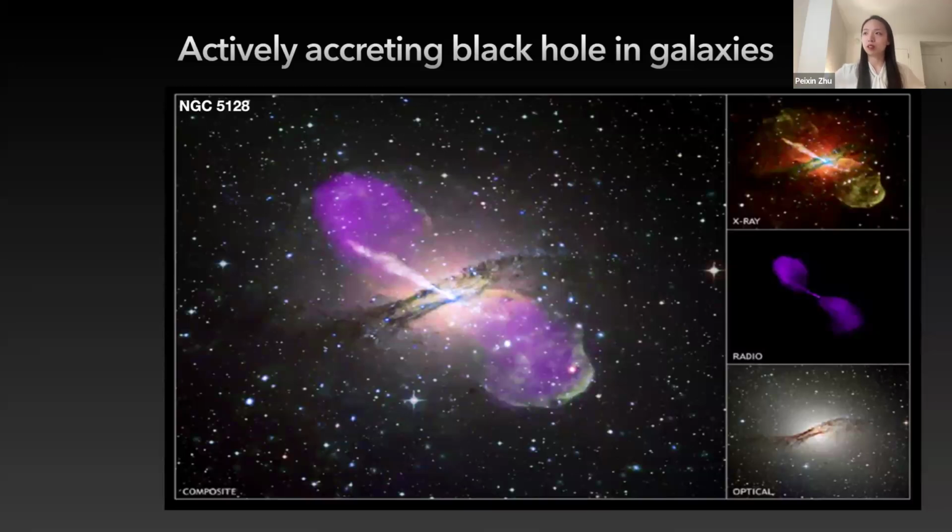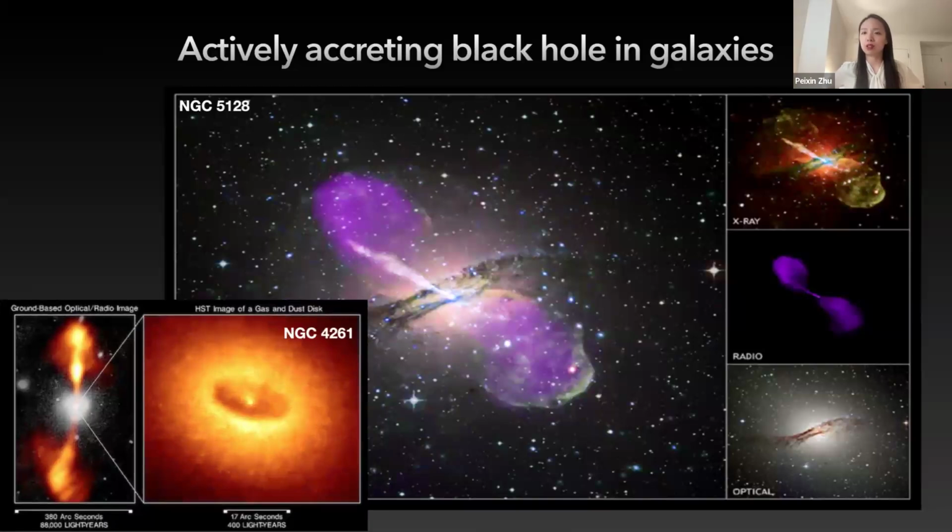Usually for most of the quieter black holes, which are slowly accreting, or basically non-accreting black holes, their Eddington ratio can be close to 0, ranging from 10^-3 to 0. This just gives you a broad idea of what the black hole accretion rate could be. So there are these actively accreting black holes existing in galaxies.